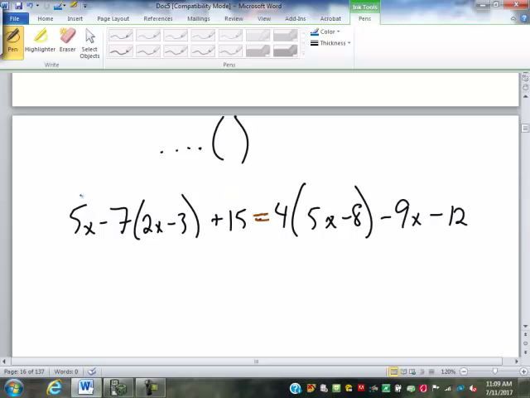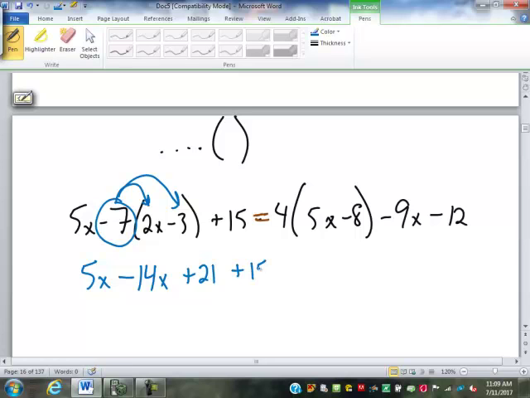Yep, nothing to do inside the parentheses. Multiply the 2x and the negative 3 by 7, so multiply by a negative 7. The 5x isn't going to change. Negative 7 times 2 is negative 14x. Negative 7 times negative 3 is a positive 21. You still have the 15 there.